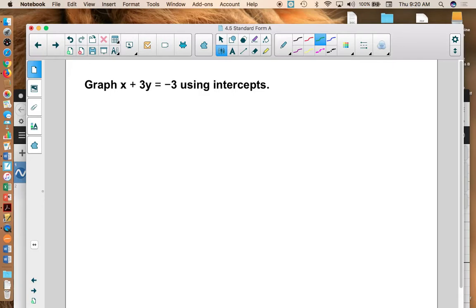Because what were our points? X equals negative what? 6 times 2. 12, so you have negative 12, 0. So our scale's gonna have to be different for this, right?